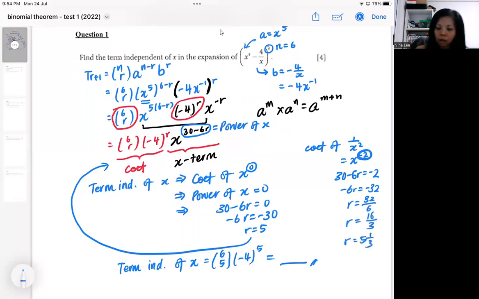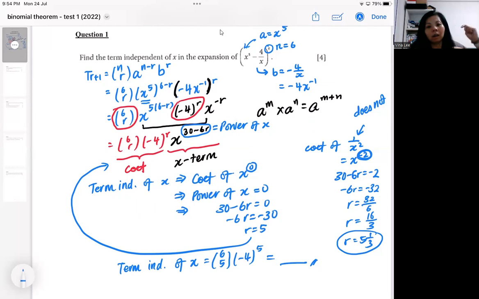So if you're not getting a whole number, that means this coefficient does not exist. The condition for the general formula is r can only be a whole number, because you cannot punch calculator, you cannot do a 6 choose fraction. You can only choose an integer on your calculator.